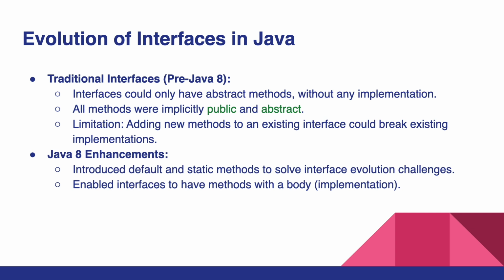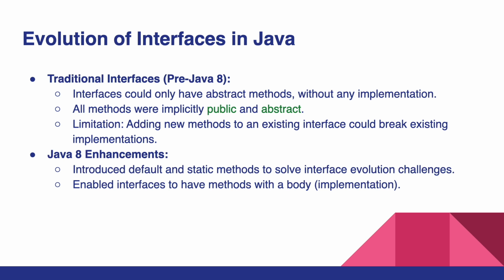Traditionally, Java interfaces could only define abstract methods. This approach worked well for many use cases, but as Java applications grew larger, it created significant challenges. Adding new methods to an existing interface could break existing code implementations.